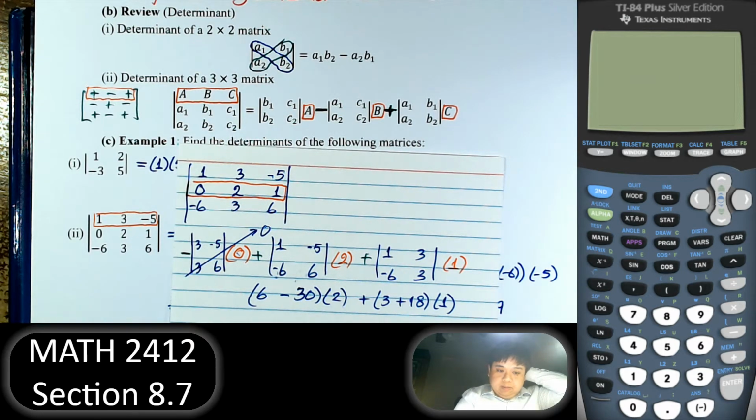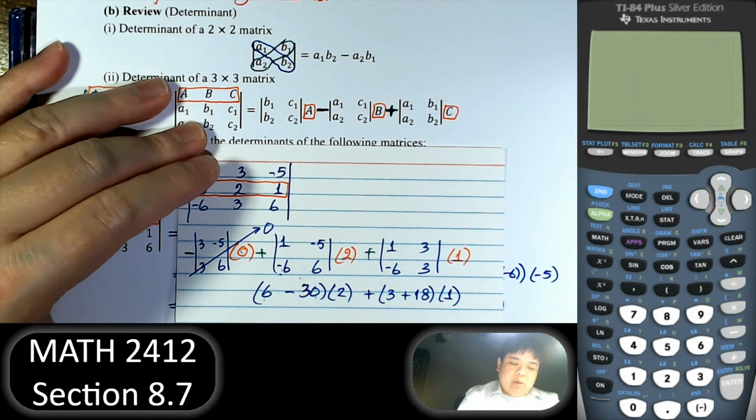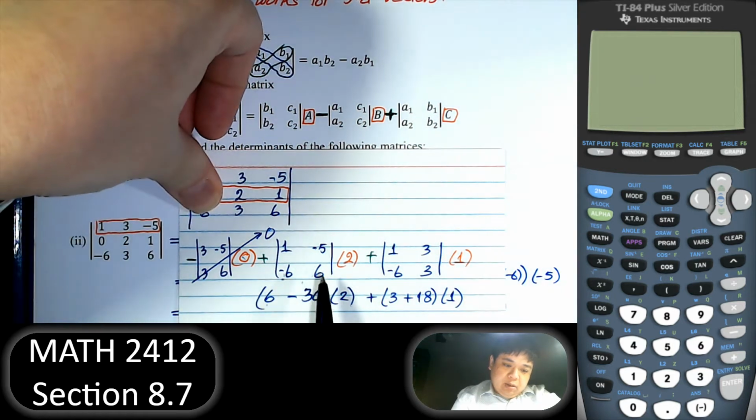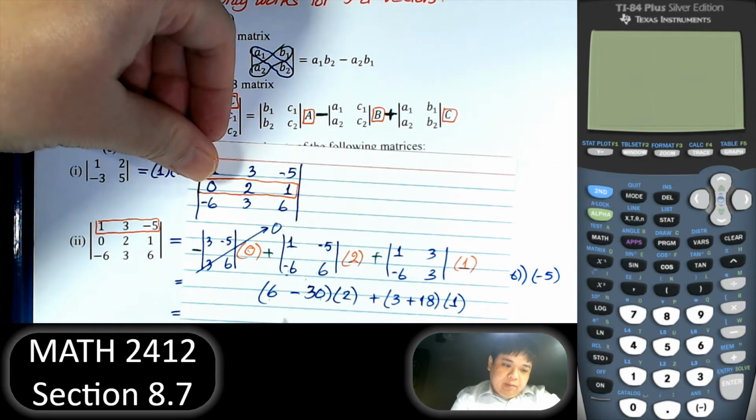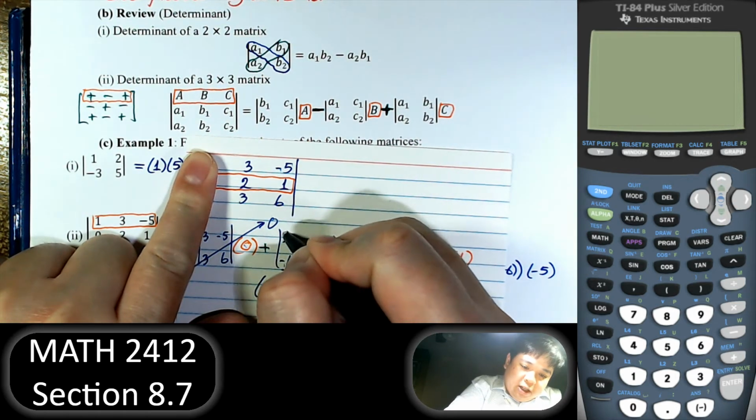So 6 minus 30 is minus 24. And this should be 3, right?